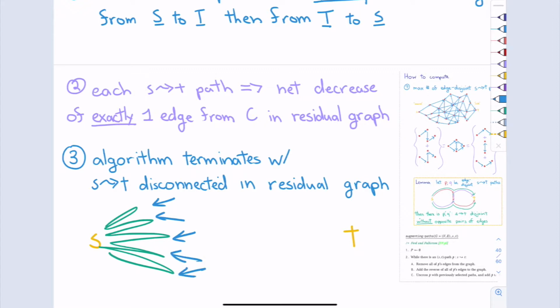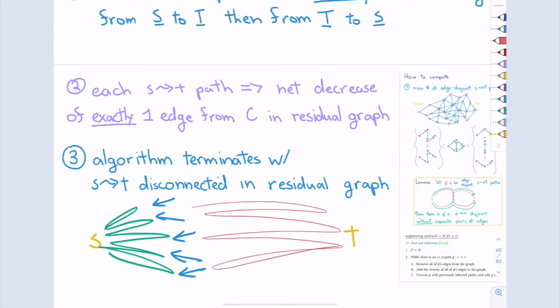And then I have whatever rest of the graph over there. So as I'm updating the residual graph, the algorithm ends when I can't get from S to T anymore. So there will be some green region that the source can get to, but then I'm going to hit that river I can't cross anymore, that cut. And then there's the rest of the graph.